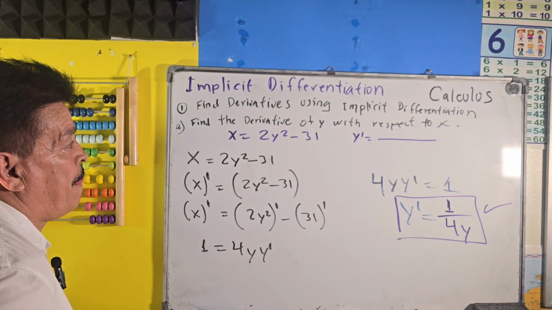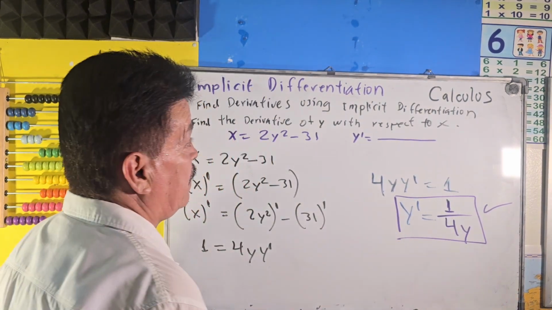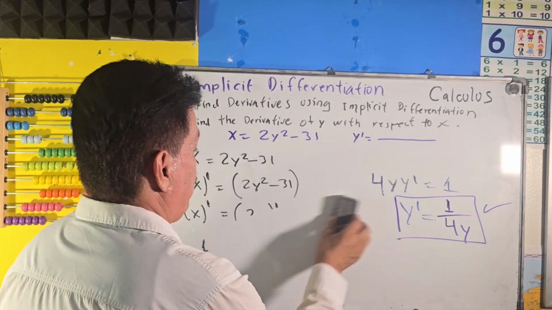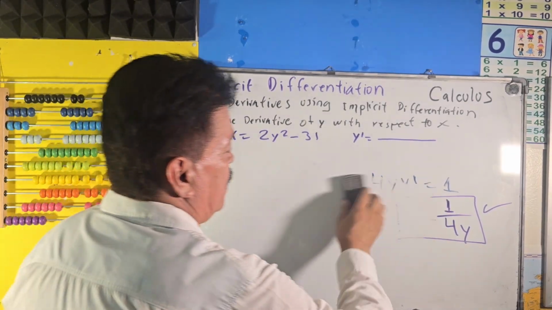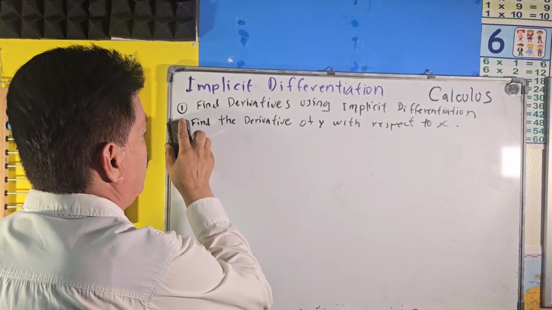Now, another thing about implicit differentiation. So that's it for this problem, okay? It's not hard, just follow the process.